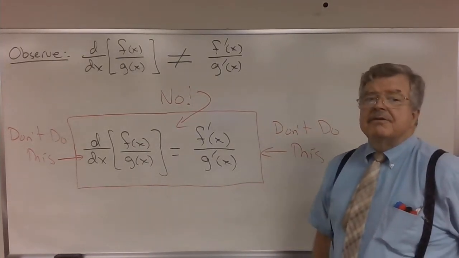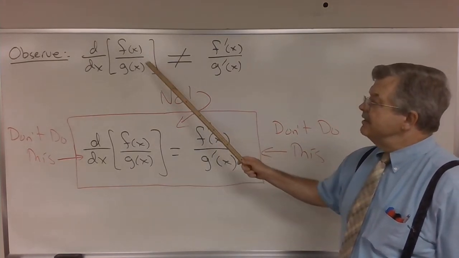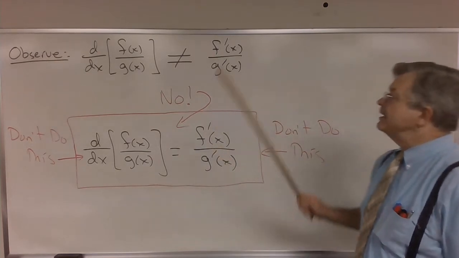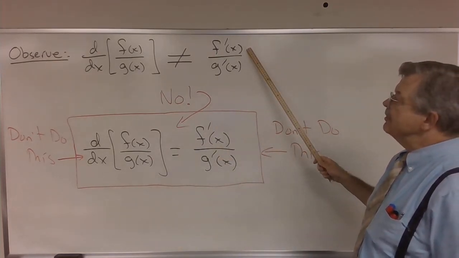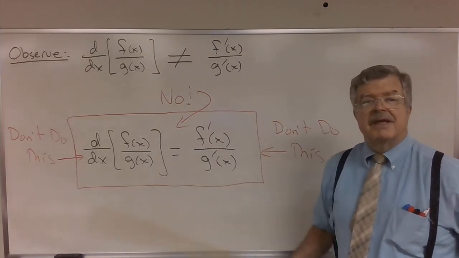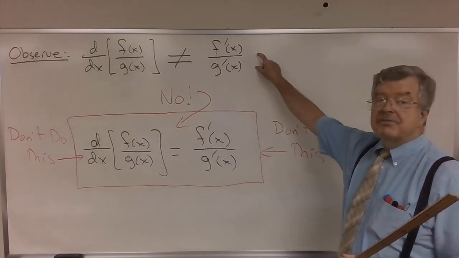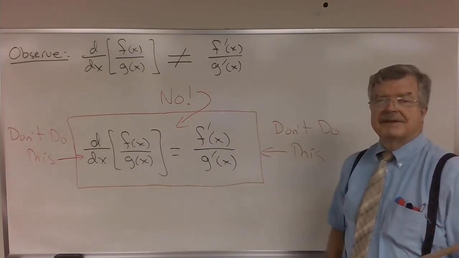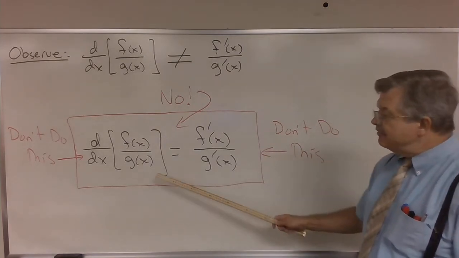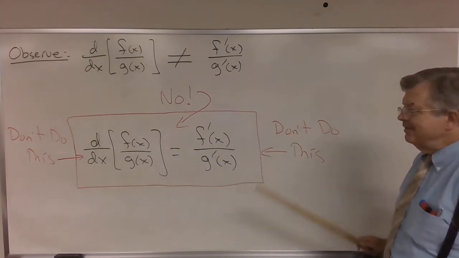So what we learned from the test case is that if we compute the derivative of a quotient, we don't do it by computing the derivative of the numerator and putting it over the derivative of the denominator. It doesn't work. It seems reasonable enough, but it doesn't work. So don't do this. Whatever we do, let's not do this.